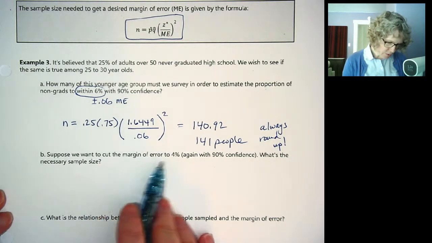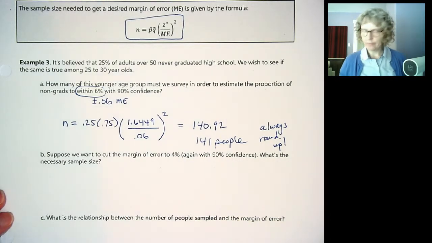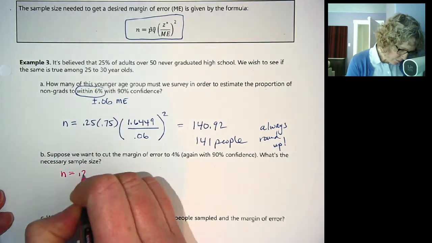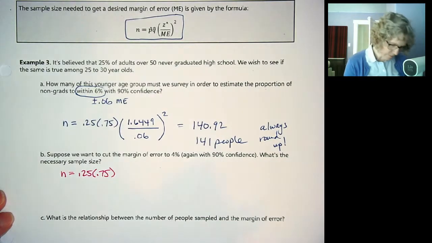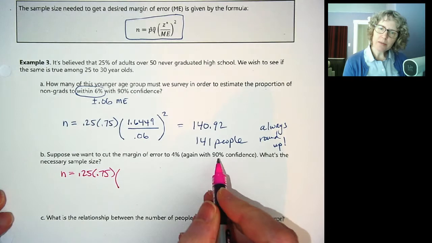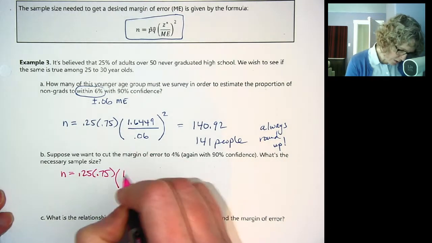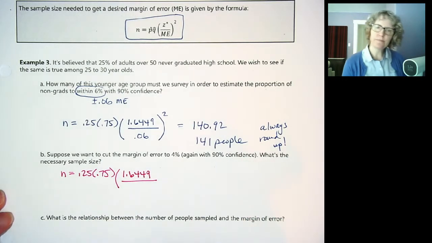Do you think we would need to sample more people or fewer people? Let's find out. n equals 0.25 times 0.75, p hat q hat. Everything else is staying the same except our margin of error. So our 90% confidence is 1.6449. That's our z value.